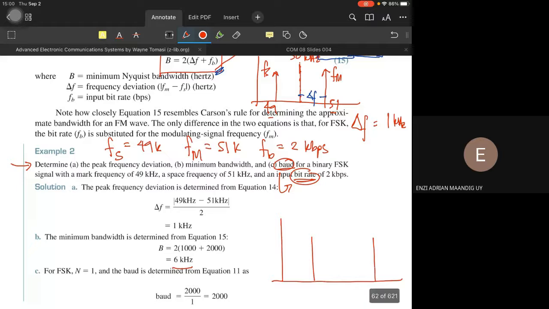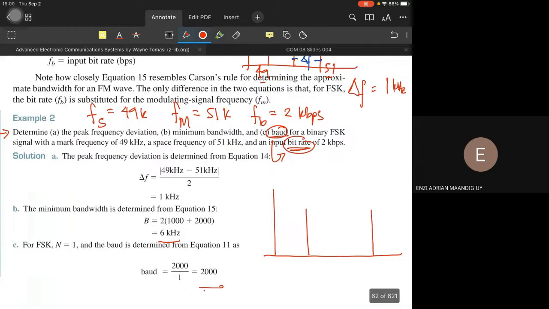So, the mark frequency is 51 and this one is 49. 51 minus 3, 49, 50, 49, 48.